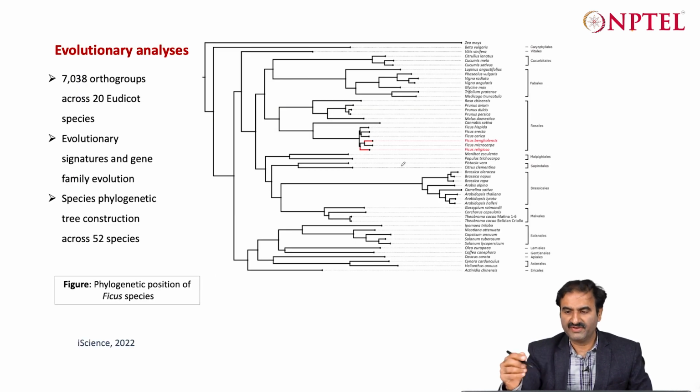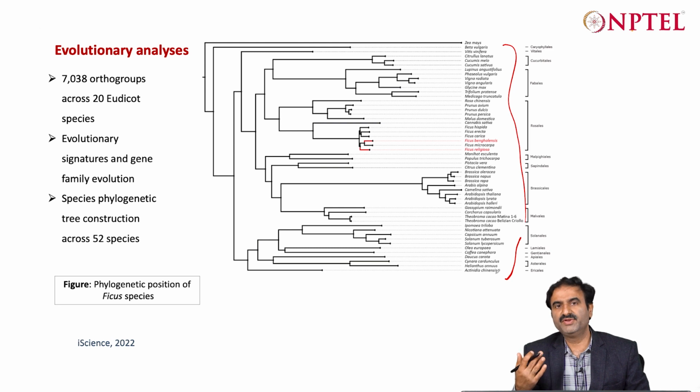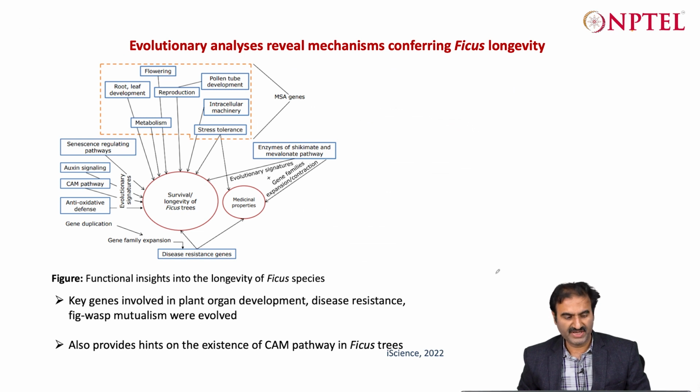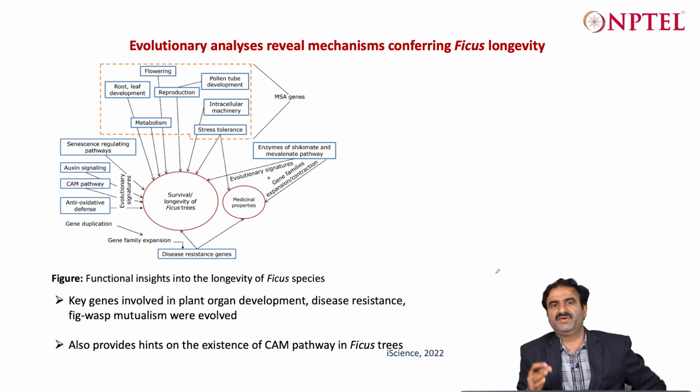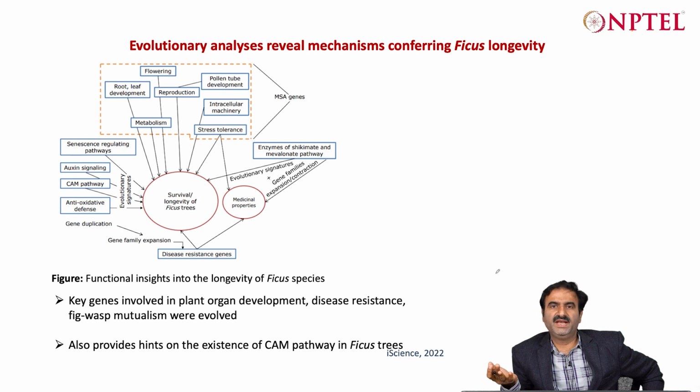evolution analysis, placing it in the context of others, making a phylogenetic tree of all these species which are near to this or whose genomes are available. Doing the evolution analysis to see the genes for longevity. So basically the banyan tree can live for thousands of years, 2000 years, people know, right.